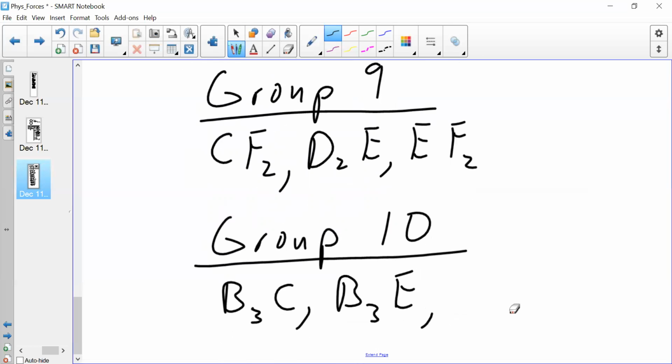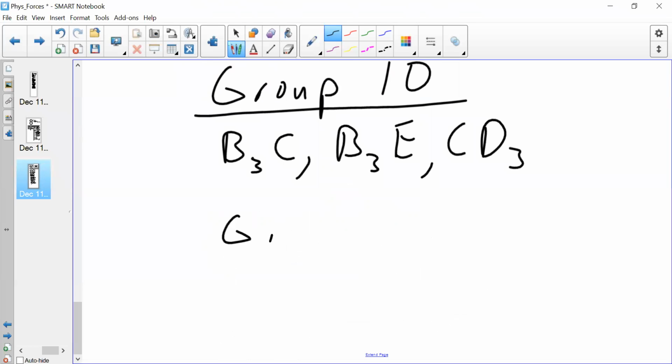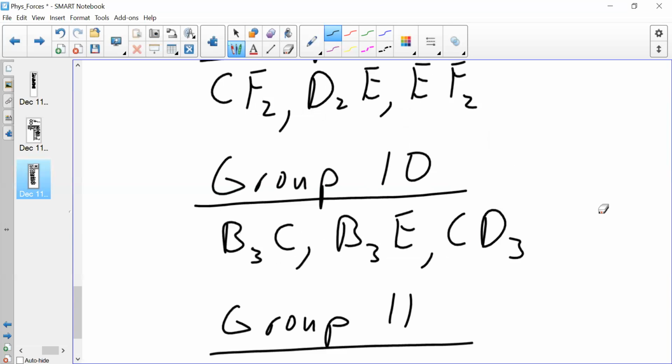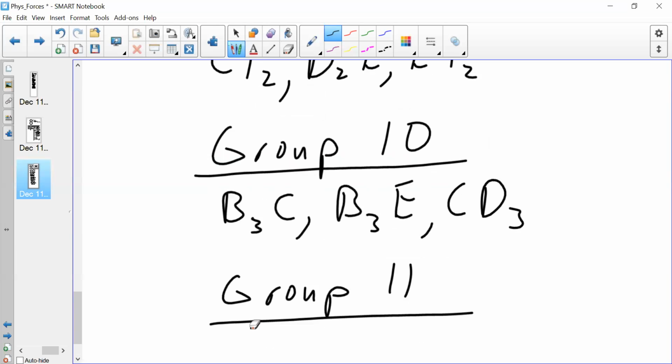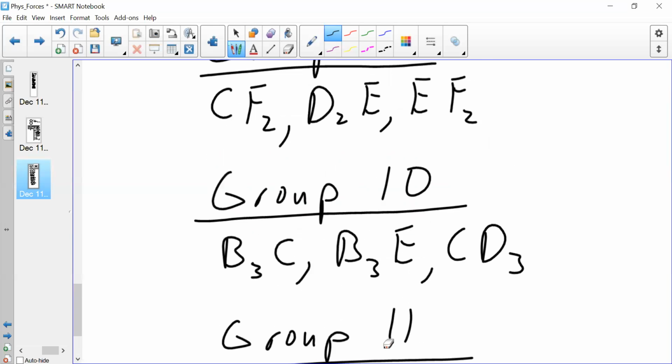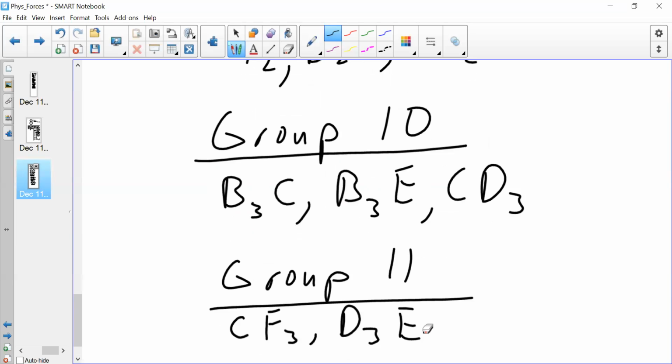There's no B3, but I'm going to give that to you. And CD3. In group 11, there's 2 people there. CF3, D3E, and that's it. All right, so let's get those B3, D3, F3 times for groups 10 and 11.